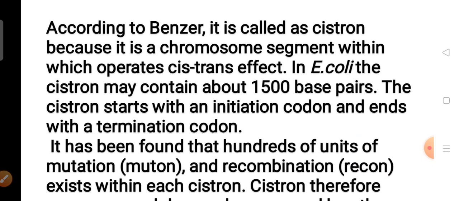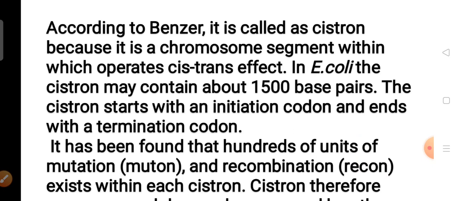Now in E. coli, the cistron may consist of about 1500 base pairs. Every cistron starts with an initiation codon and ends with a termination codon. That is why we say it is the functional unit when it directs the synthesis of a protein, a polypeptide chain, according to the one gene, one polypeptide hypothesis.